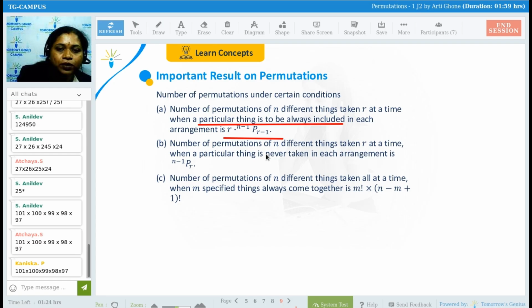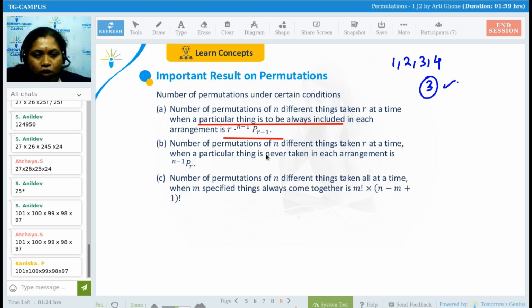For example, form a 4-digit number with the digits 1, 2, 3, 4 such that 3 is always included. This is the same case. 3 is always included. What will you do? What is the r value over here? 4, and n is also 4.